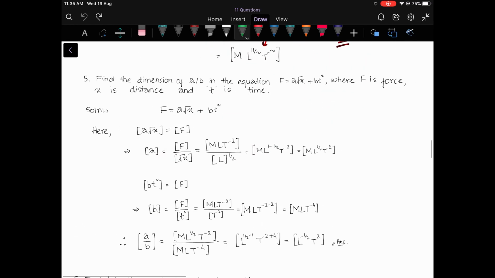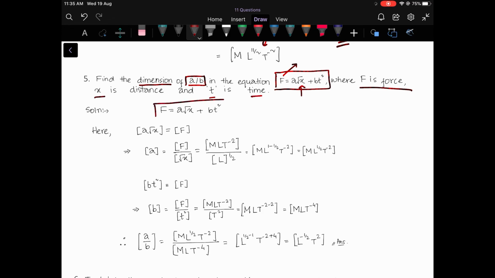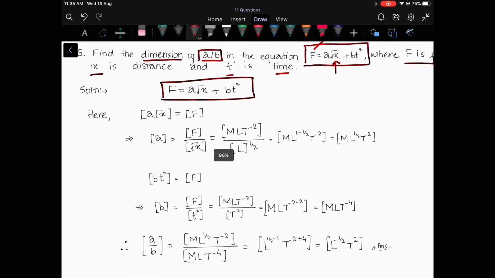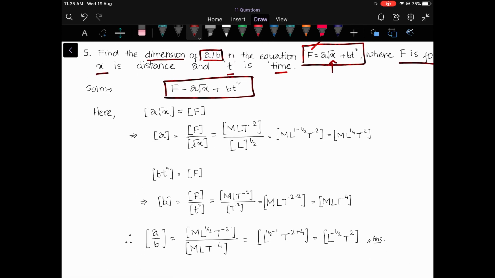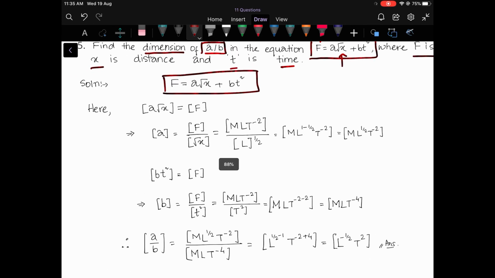In this next question, we have to find the dimension of A by B in this given equation, where they have said this F represents force, this X here represents distance, and this T here represents time. So we have this equation, and we know by the principle of homogeneity of dimensions, every term must have the same dimensions.